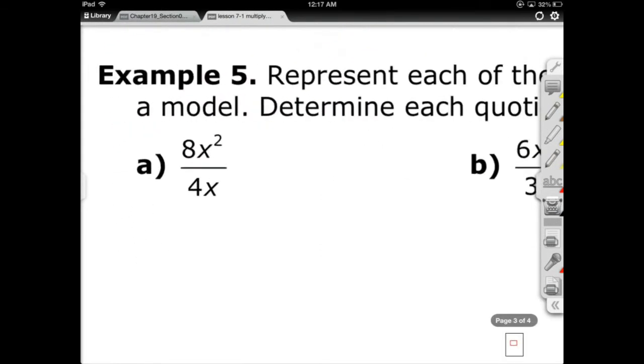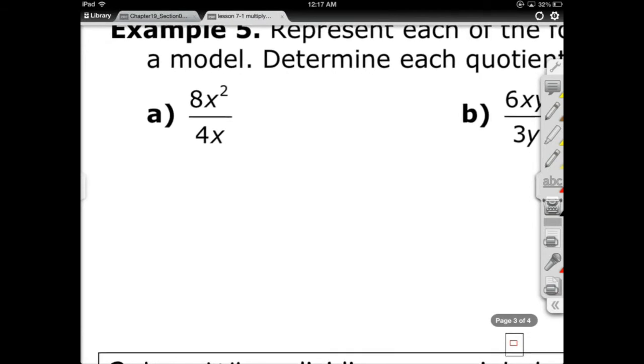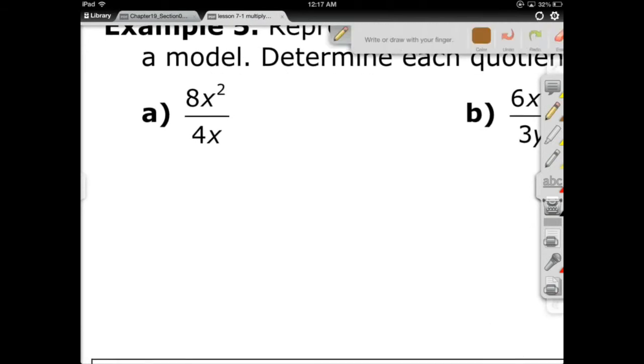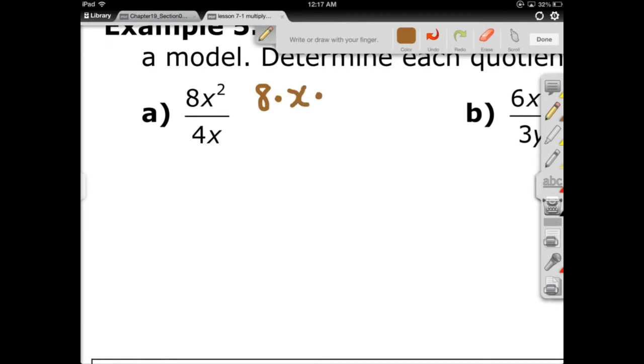If you want to do division and you don't want to use the symbols, there is an easier way, I promise. Before I do that, let's rewrite this. Another way you could write this is 8 times x over 4 times x.